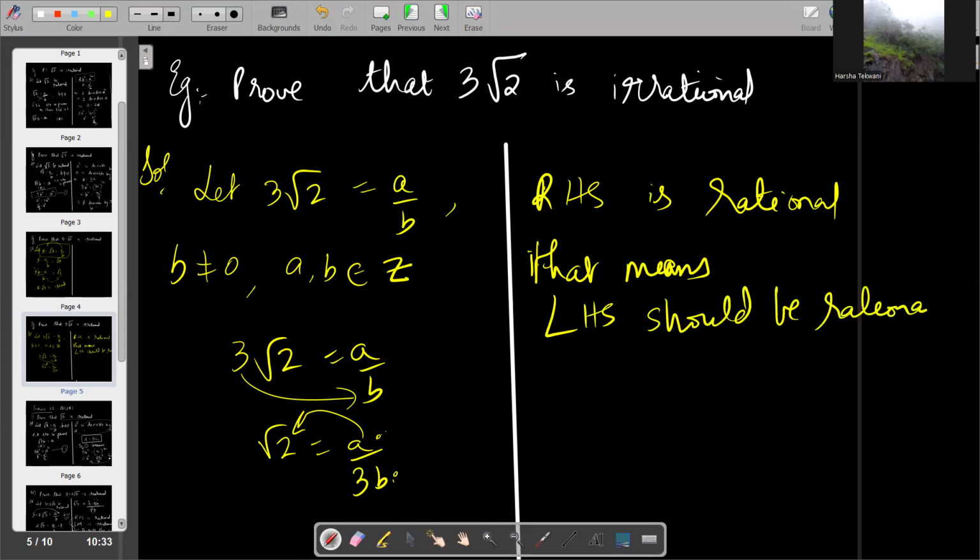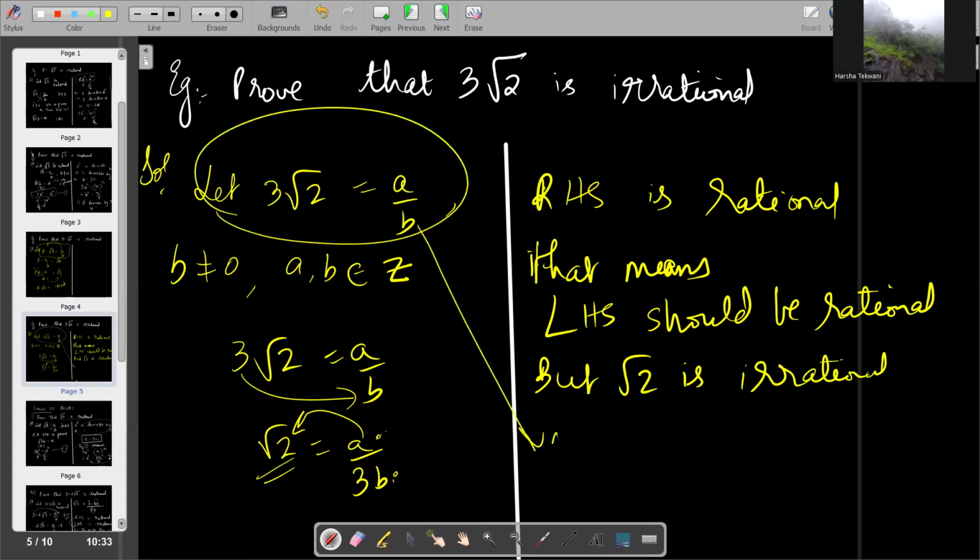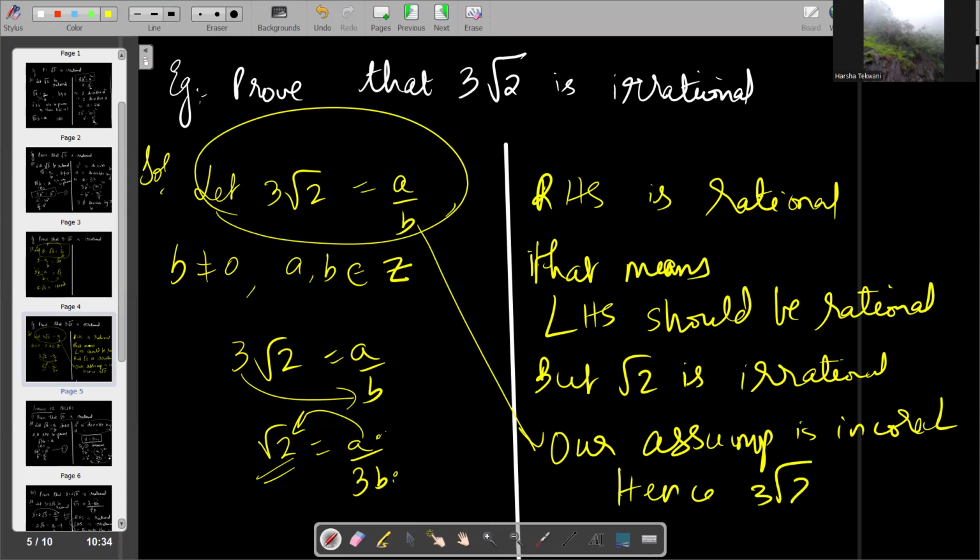But we proved root 2 is irrational in our previous slide. So our assumption is wrong. Our assumption is incorrect. Hence, 3 root 2 is irrational.